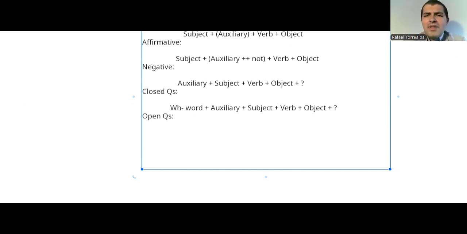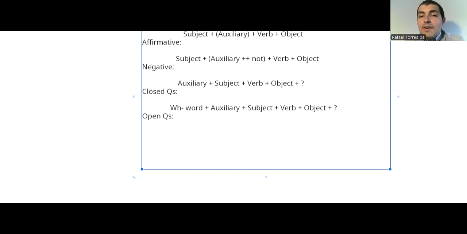In English, if you think about it, the order stays the same in the sense that subject, verb, object does not move. Here it is, subject, verb, object, subject, verb, object. That does not change in simple tenses. In continuous tenses, we always use auxiliaries.